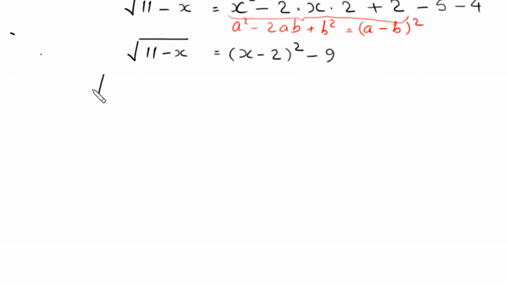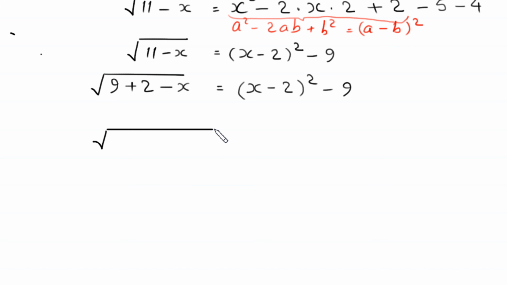Next, square root of this 11 can be written as 9 plus 2 minus x is equal to x minus 2 whole squared minus 9. Next, square root of, we rearrange these terms, 9, then we write this negative x plus 2 is equal to x minus 2 whole squared minus 9.